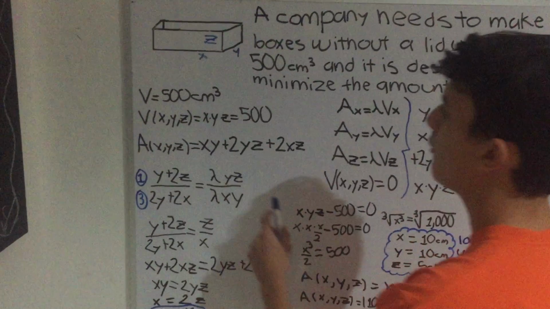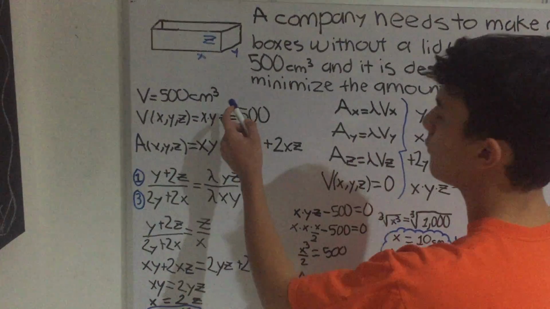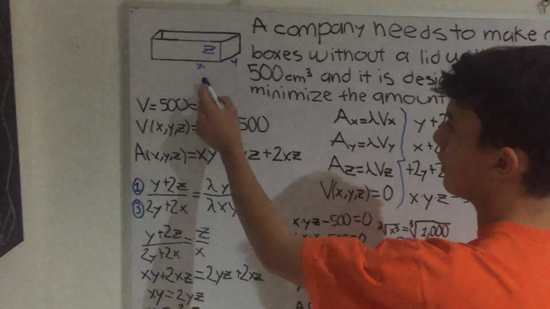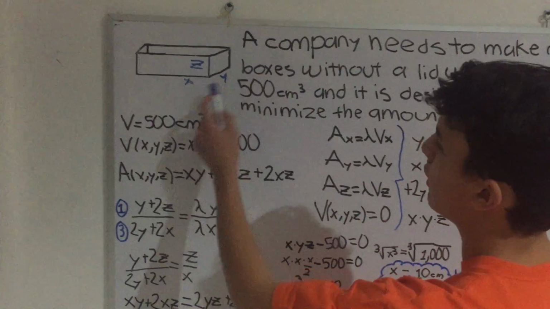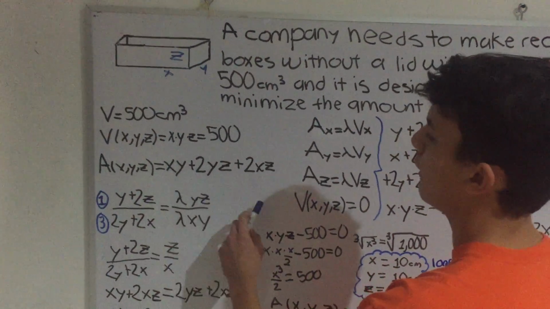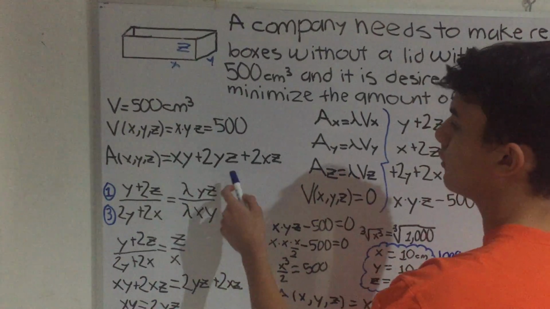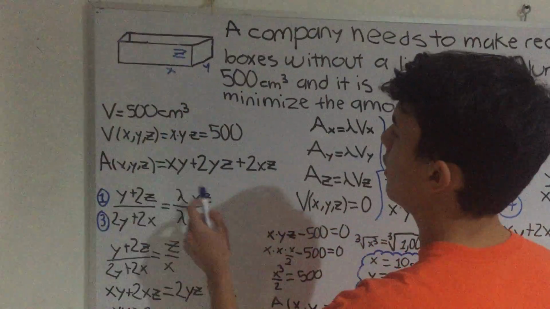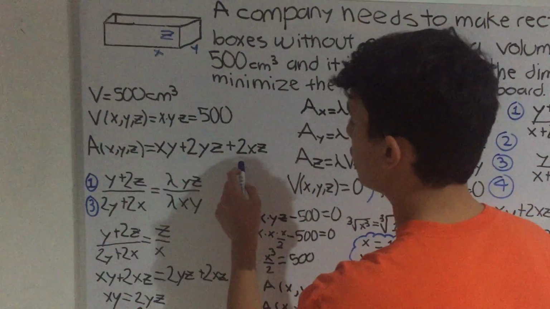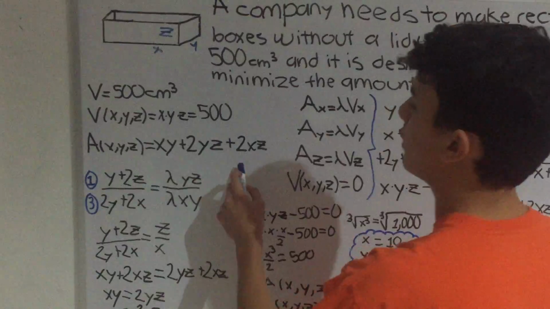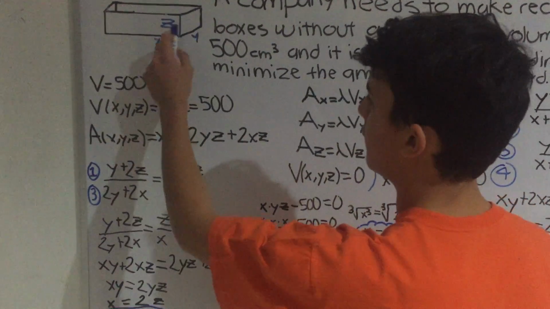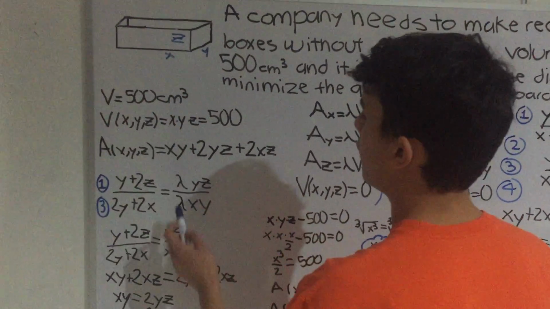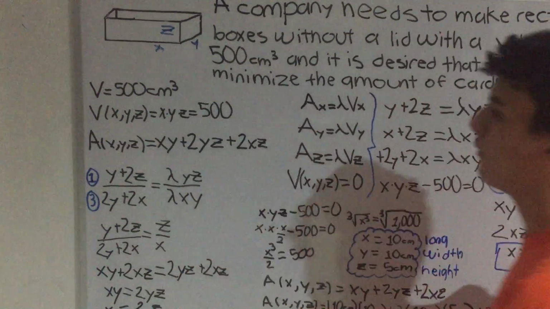So now for the area, we have one rectangle that has the dimensions of x and y, and we have it here. Then we have two rectangles with the dimensions of y and z, that is this one and this one. And then we have two rectangles with the dimensions of x and z, that is this one and this one. And with this we are going to obtain the area.